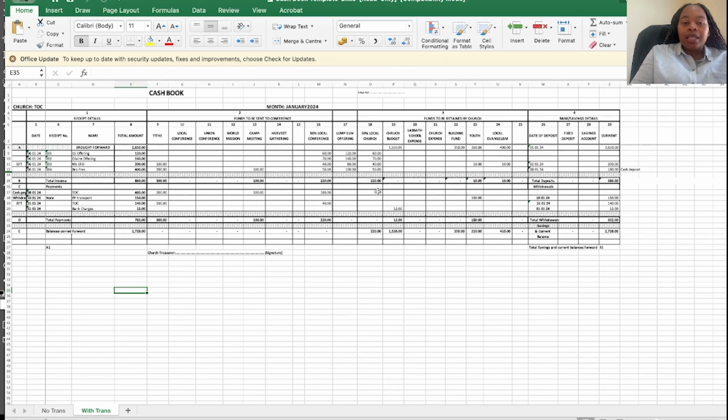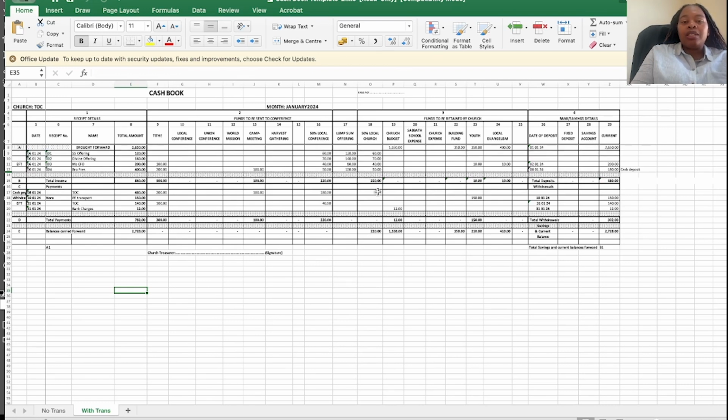Okay, for this example, it was nice. Everything was balancing. Sometimes you'll find your balances are not balancing, maybe there's 50 cents on the one side and 50 cents on the other side. It won't be a full amount. So it's okay if it's not balancing like that.